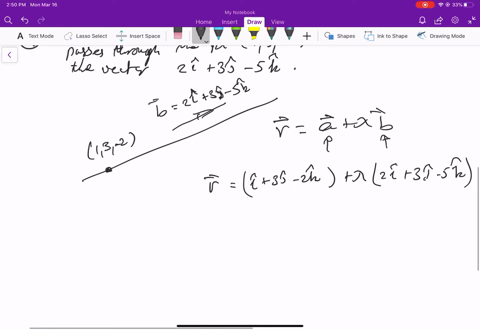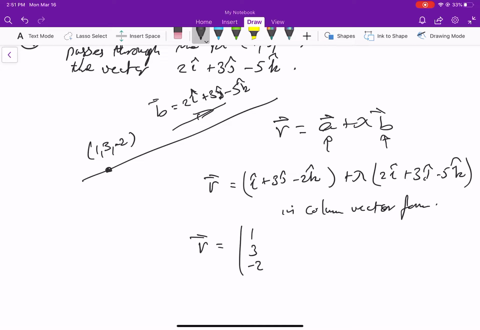In column vector form, the equation of the line looks like r = (1, 3, -2) + lambda (2, 3, -5). Get accustomed to both formats, because you will be using them interchangeably.